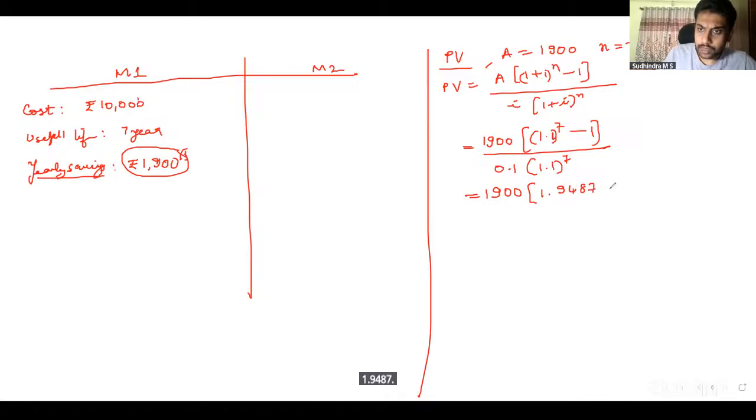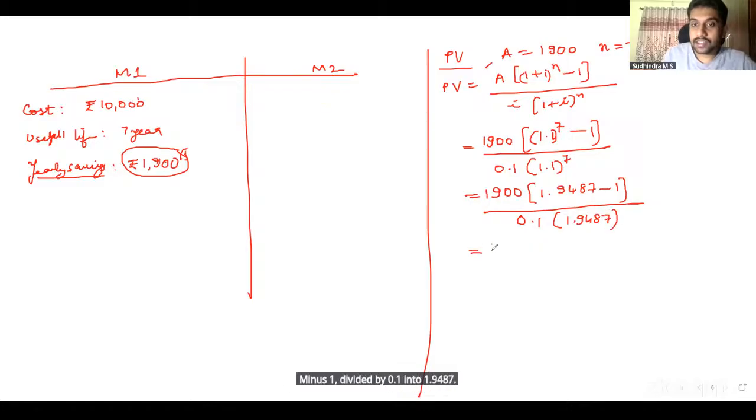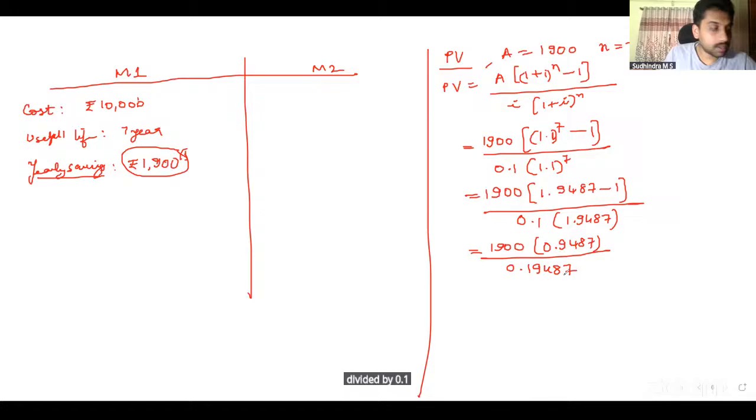So 1.9487 minus 1 divided by 0.1 into 1.9487. 1,900 multiplied by 0.9487 divided by 0.19487.